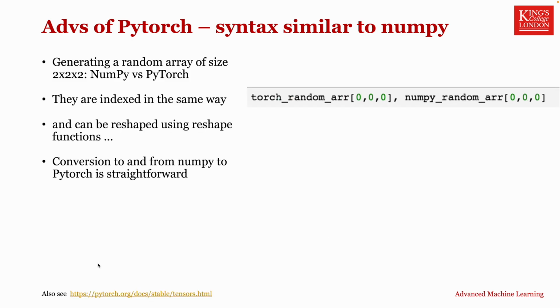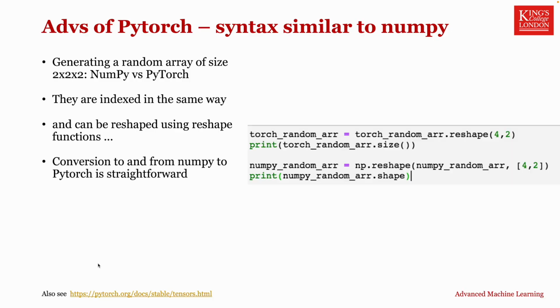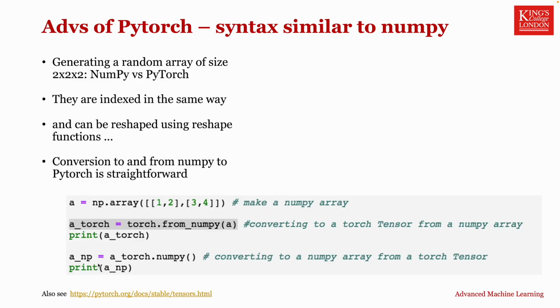Now looking at indexing, we can see that NumPy and torch arrays are indexed in exactly the same way, and that reshaping is very similar, both using a function called reshape, and that conversion to and from PyTorch tensors to NumPy arrays is pretty straightforward.